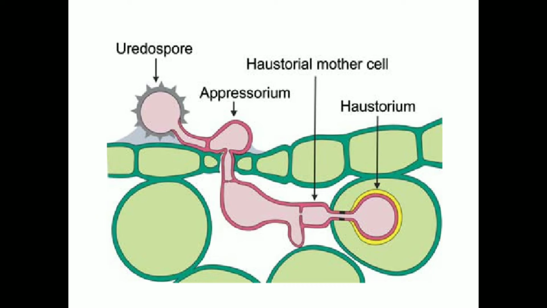It is an outgrowth of the fungus which penetrates inside the host cell and absorbs nutrients and water from the plant host cell. So haustorium is called an absorbing organ. It absorbs nutrients, water and food material from the host cell.